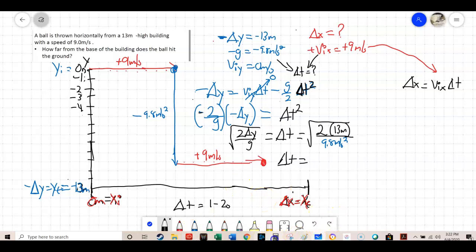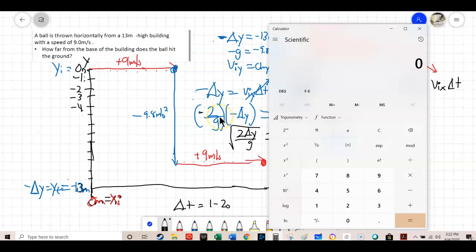I'm going to get out my calculator. 26 divided by 9.8, and then we're going to square root that. 1.62, actually 1.63.